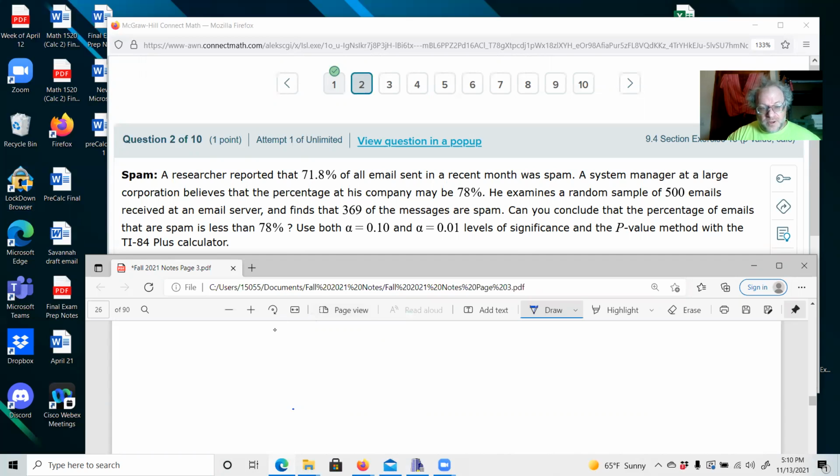Okay, so as usual, what we're going to do for our information here is set up our hypotheses. Okay, so the percentage of emails is less than 78%. So we're going to say P, we'll use the calculator's lingo, P is equal to 0.78, because that's what they're asking us to compare against, or P sub 0 is less than 0.78.